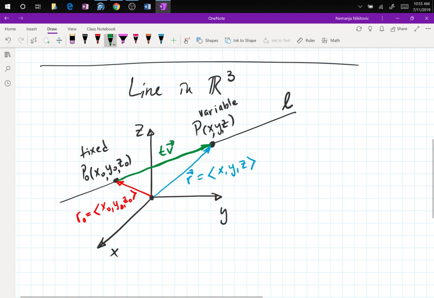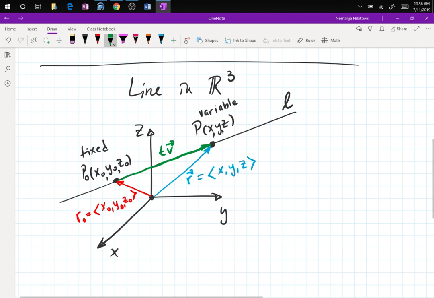So it doesn't make sense right now, but eventually it will. If you carefully look at the diagram and you consider vector addition, you will see that R0 vector plus TV vector will create vector R.